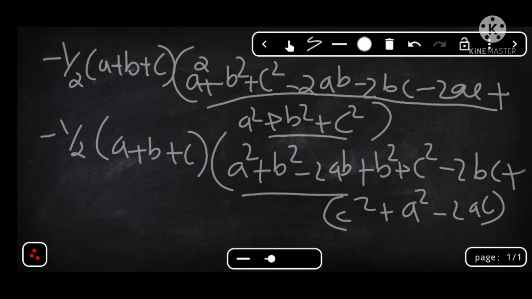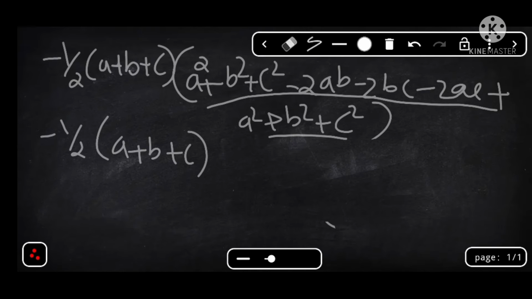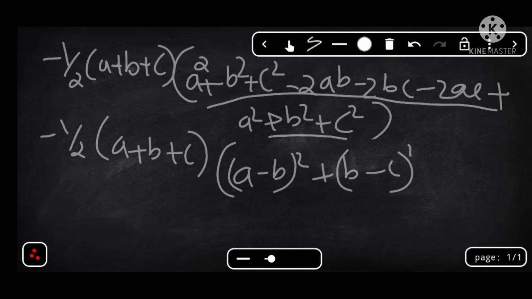So we'll just write that: a minus b the whole square plus b minus c the whole square plus c minus a the whole square.